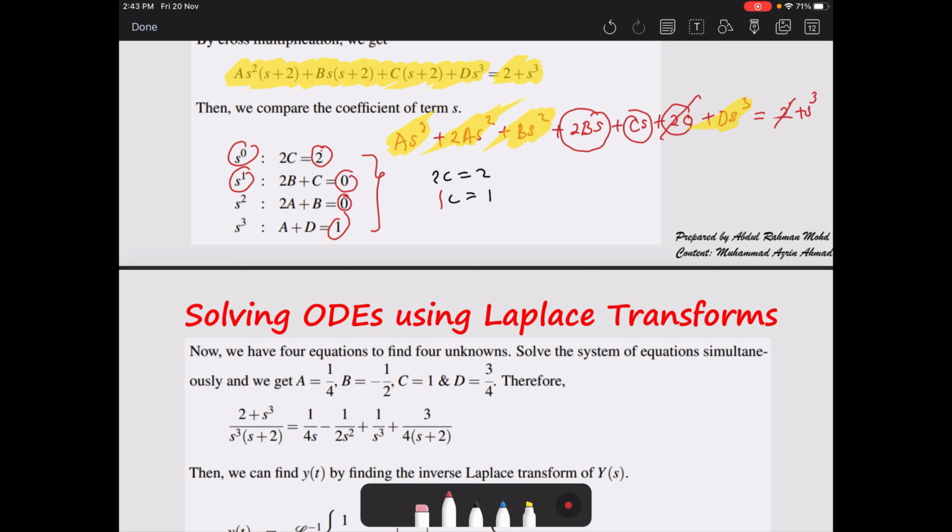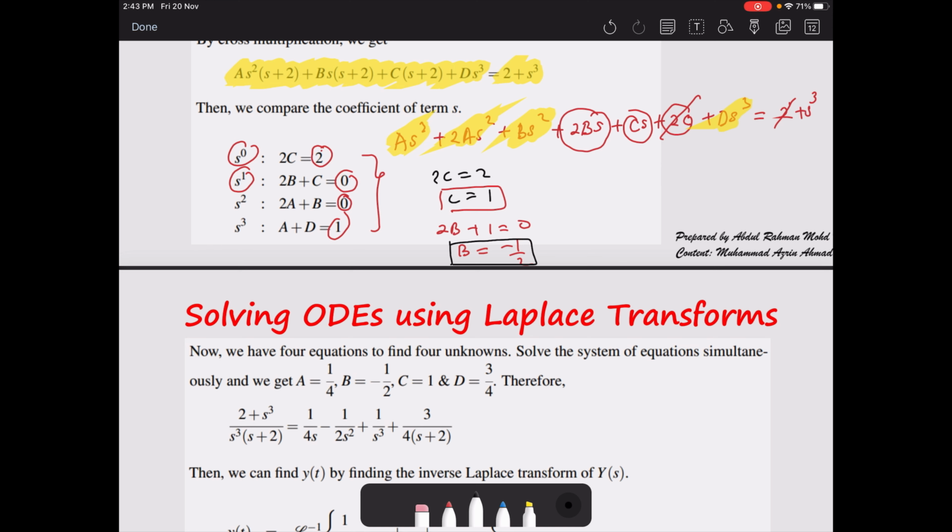So it's very easy. When you have C equal to 1, you have 2B plus 1 is equal to 0. So you will have B is equal to negative 1 over 2. So this is your answer for B. Now how can you get the answer for A?